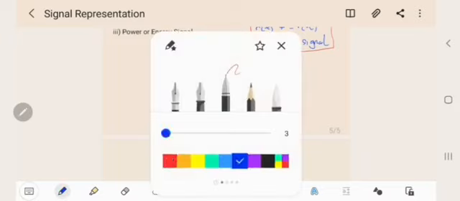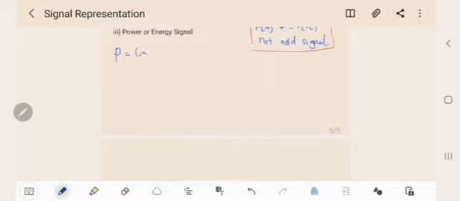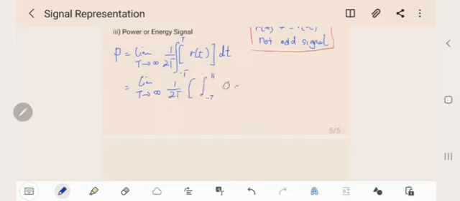We have the formula: power P equals the limit as T approaches infinity of 1 over 2T times the integral of our ramp signal squared dt, from negative T until T. So we integrate the first part from negative T until 0, where we have no signal, plus from 0 until T we have the signal t squared dt.